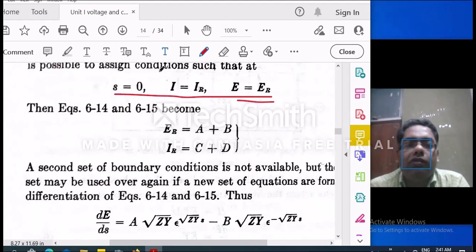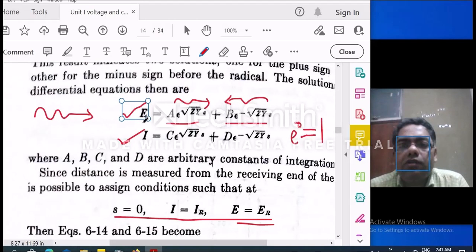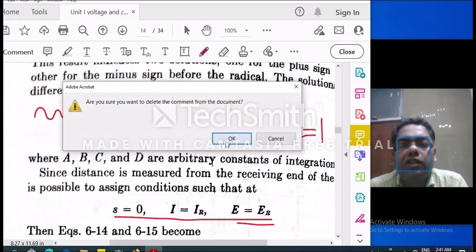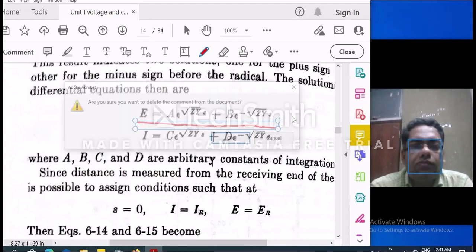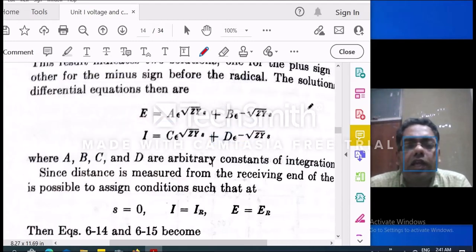Now the second set of boundary conditions is not available. So what we can do is, this E expression that we are having, we again differentiate this E with respect to S, that means we do dE by dS.